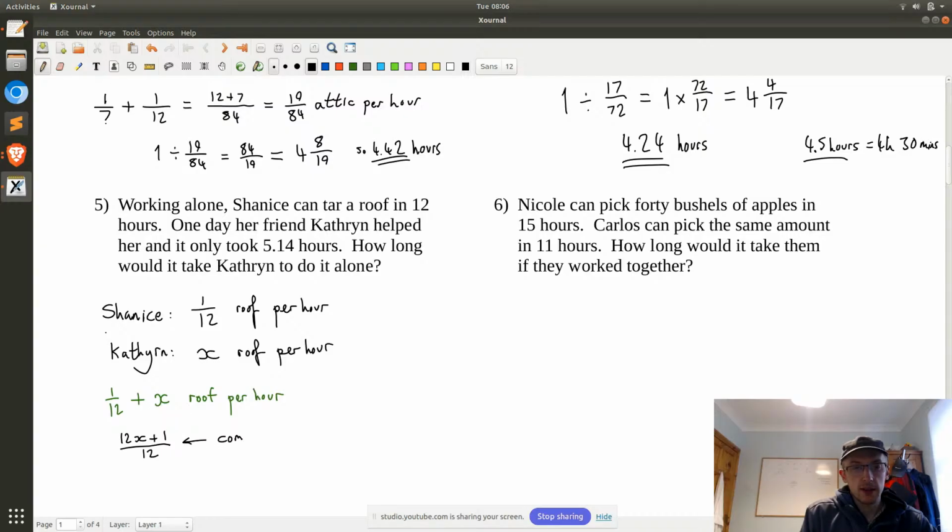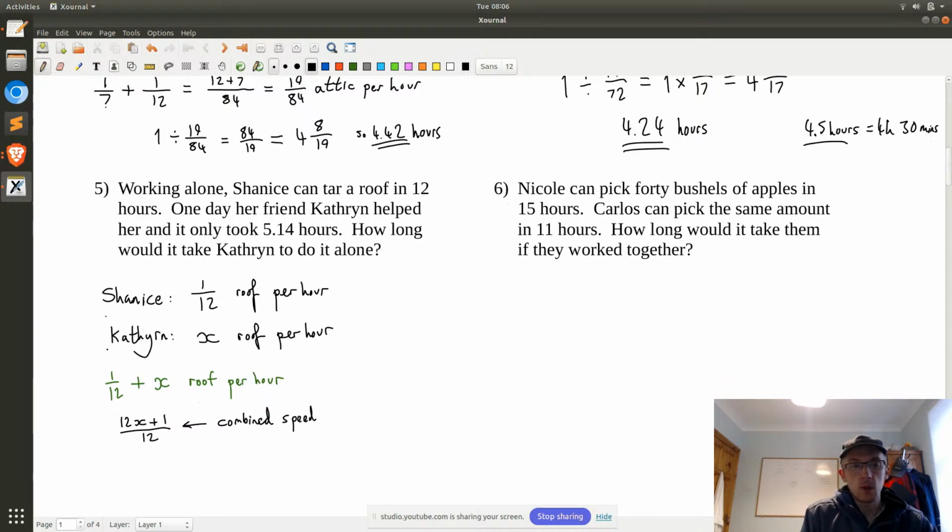That's their combined speed. Good stuff. And then we end up doing 1 divided by that quantity. That's what we've done so far. 1 divided by that quantity. And that is apparently, in this case, equal to 5.14.